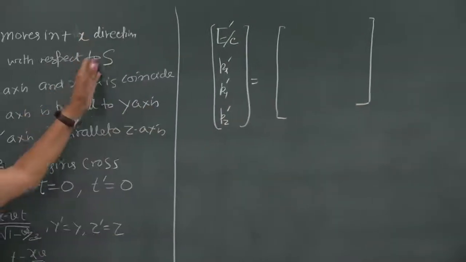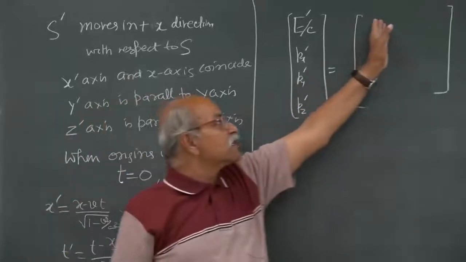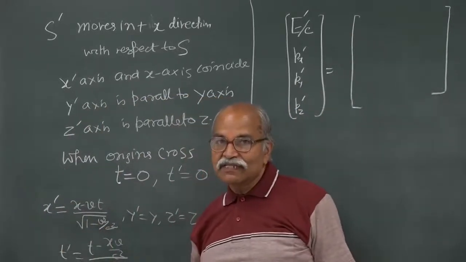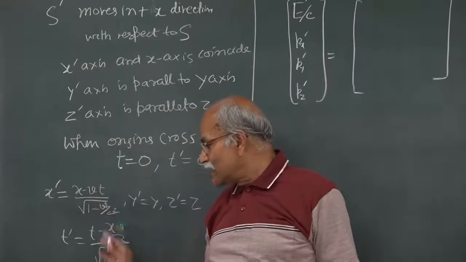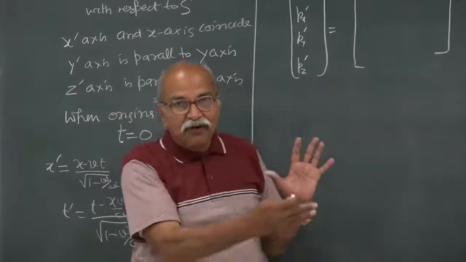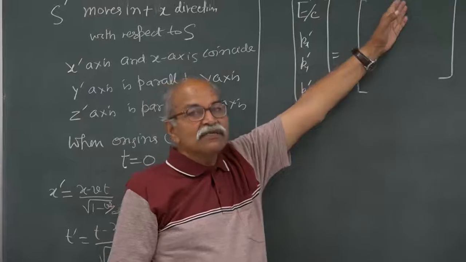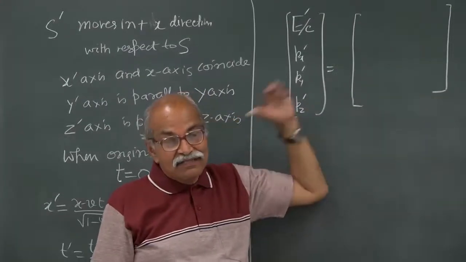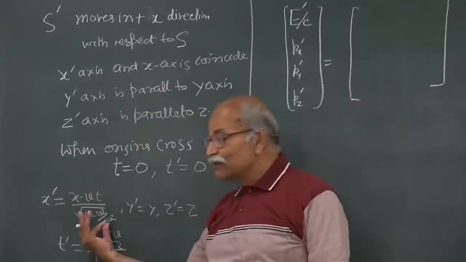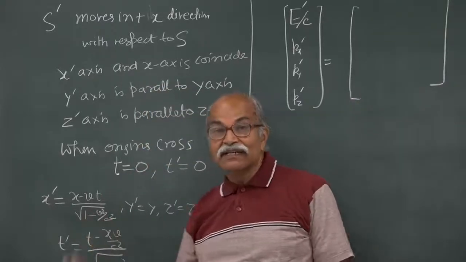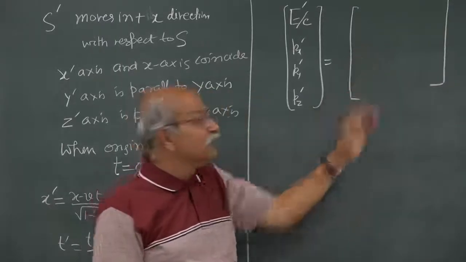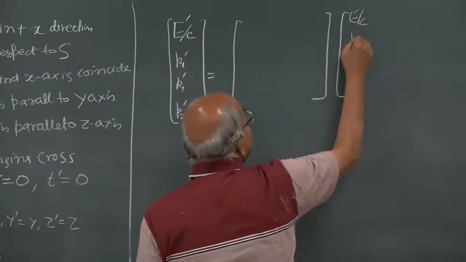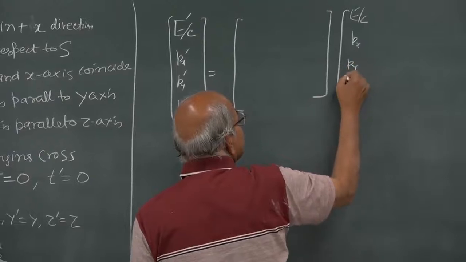If these conditions are fine, then I know what the transformation matrix is. Coming from these equations, I can write this in a tabular form, and you have gamma, minus beta gamma, 0, 0, that matrix. If not, this matrix will be different, the equations will be different, and then you will have this E by c, Px, Py, Pz.